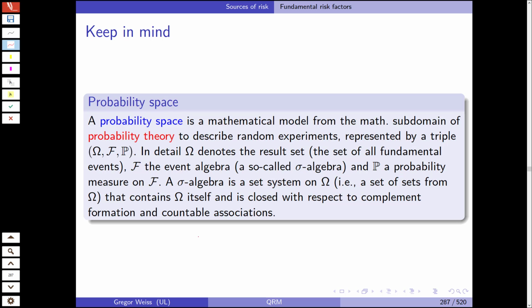Now, what it actually includes is we have omega, which is the result set, so the set of all fundamental events.